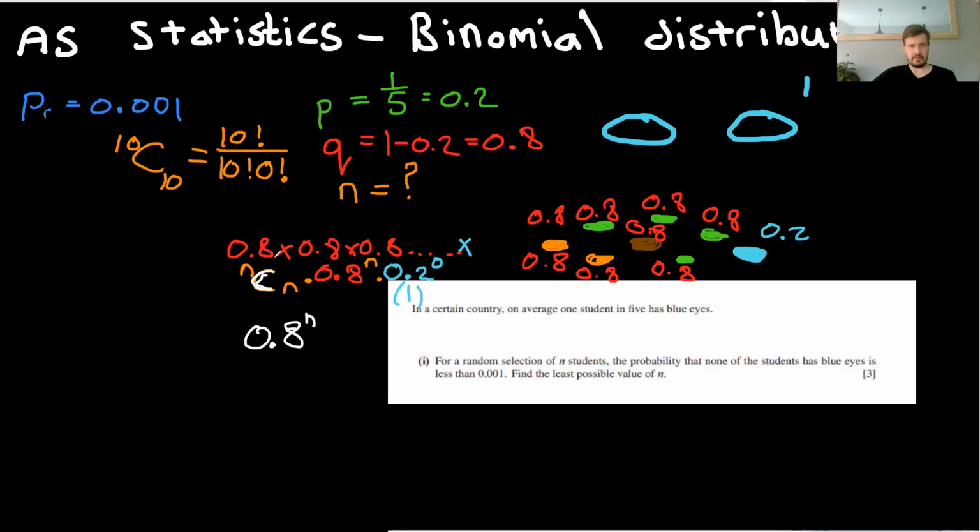So let me write out the binomial formula again for those of you who didn't. If you already know the binomial formula, just skip through to the end. But let me explain it for those of you watching for the first time. So the binomial formula goes N choose, and then the number of people that we choose.